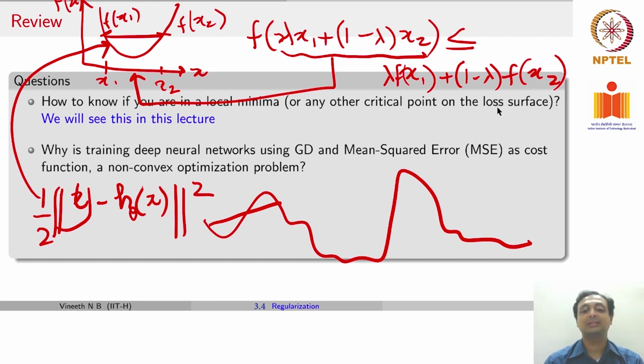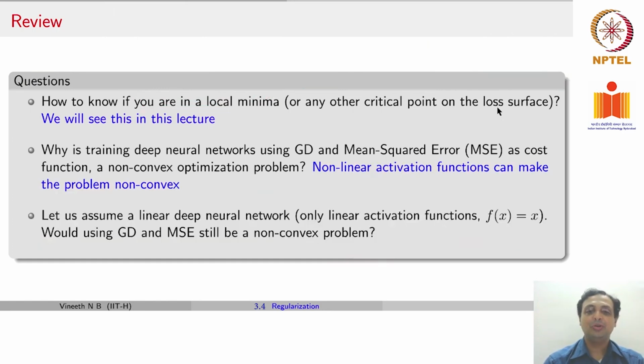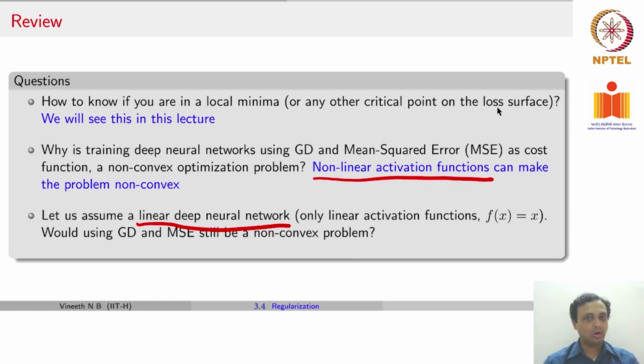Now, in this context, let's ask this question. Then why is training deep neural networks using gradient descent and mean square error a non-convex optimization problem? The reason is you could have nonlinear activation functions in your neural network that can make the problem non-convex with respect to the weights. Okay, then your counter question is, let's assume now a linear deep neural network where you do not use any nonlinear activation function at all.